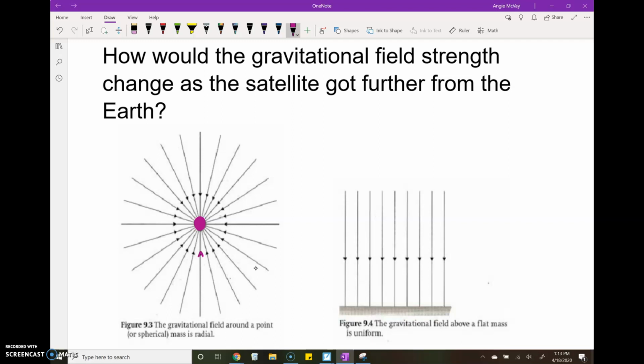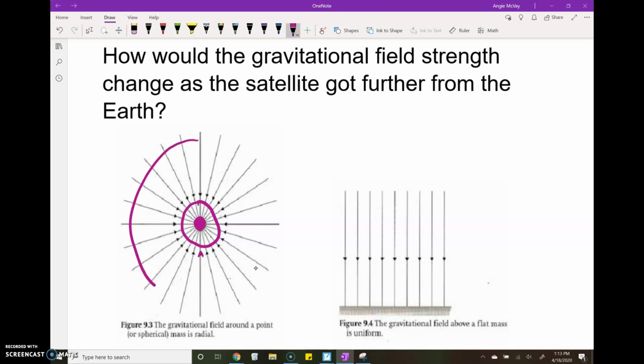The density of the field lines indicates the strength of the gravitational field. So if you're closer to the Earth, the gravitational field lines are closer together, indicating that an object at that location would experience a bigger force due to gravity.